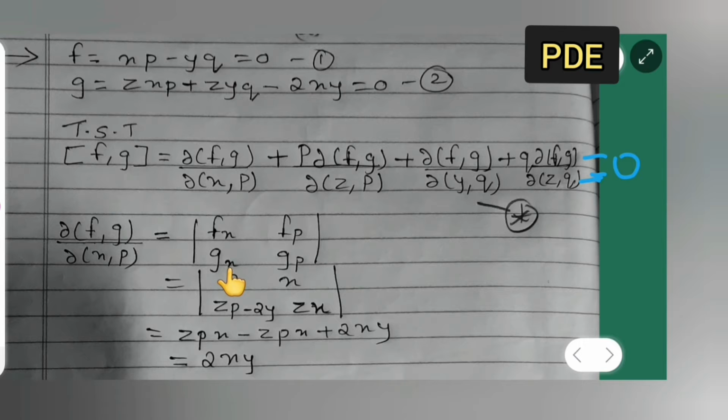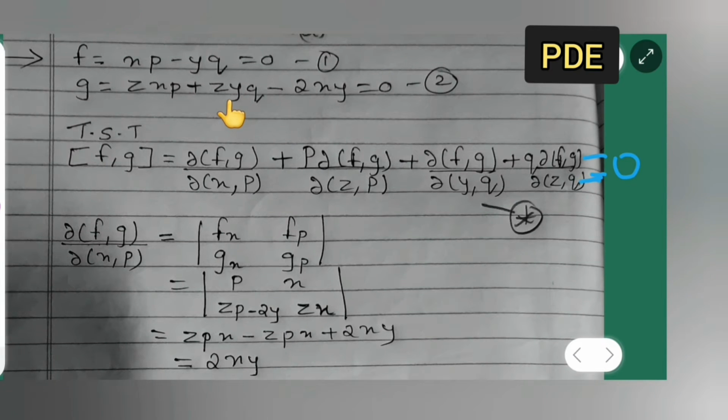Now differentiate g with respect to x: zp minus 2y, sorry. Then next, differentiate g with respect to p, what you are going to get? Nothing but zx, right? Plug the value over here.